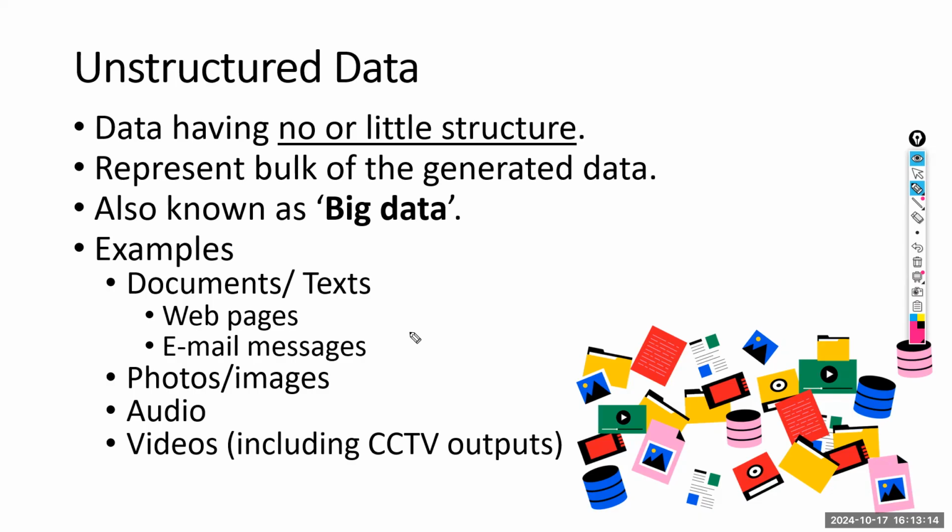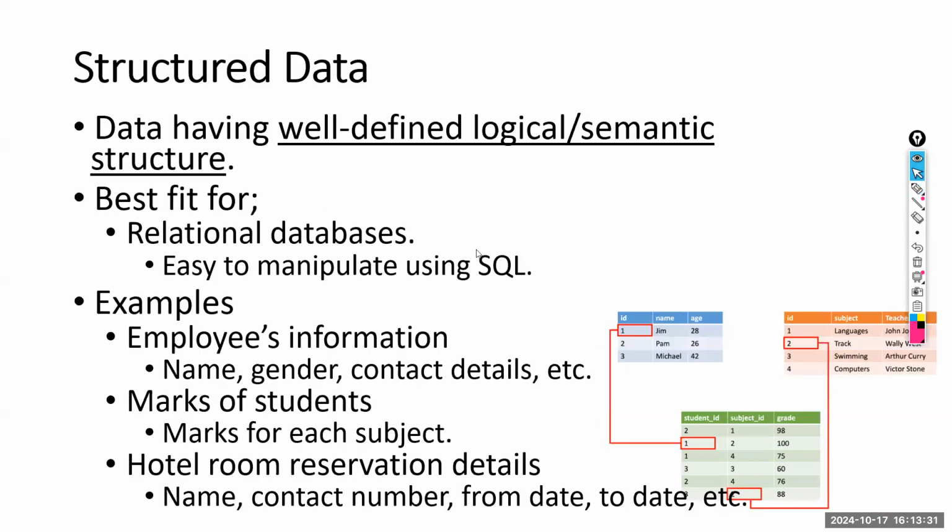Robotics also needs to process unstructured data through their cameras so that they can identify obstacles and so on. So it's serious stuff, processing unstructured data. But of course, we are not interested in this subject. We are interested in structured data, like student details, employee details, payment details, order details, and so on.